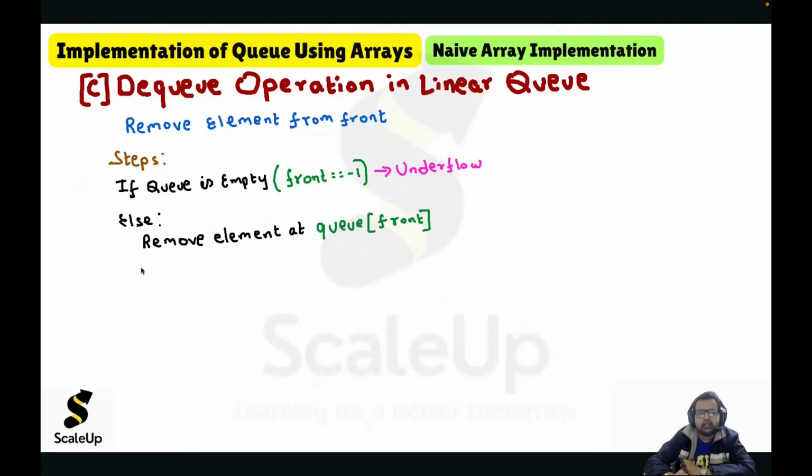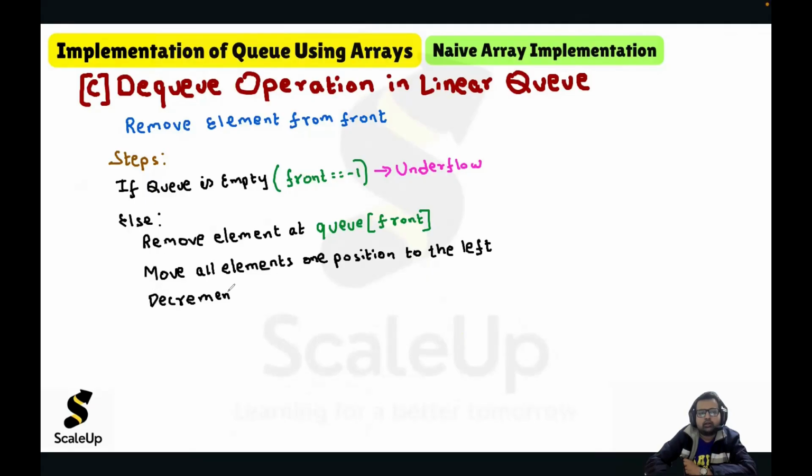And once the element is removed, we have to fill that vacant space. So move all elements one position to the left, and then decrement both pointers, because we moved all elements one position to the left. We have to decrement both the front and the rear.